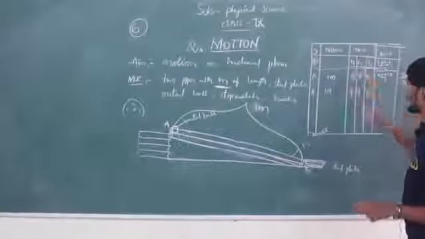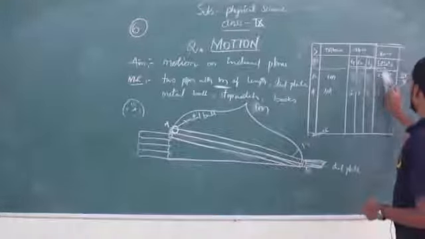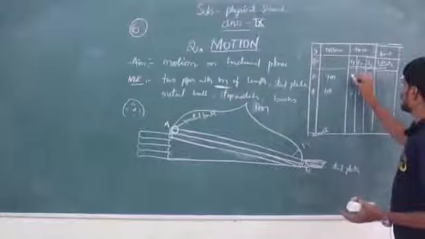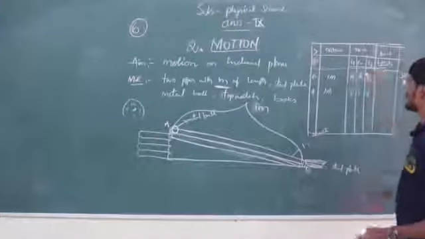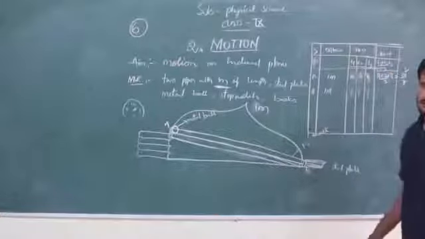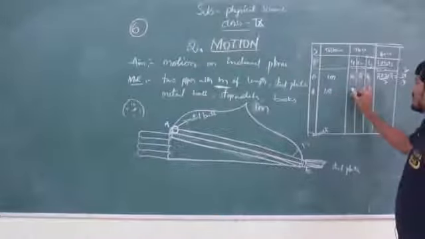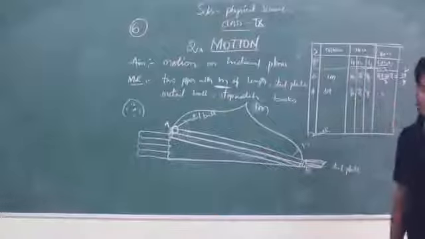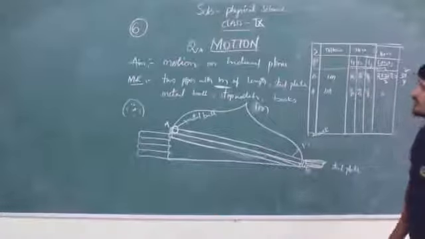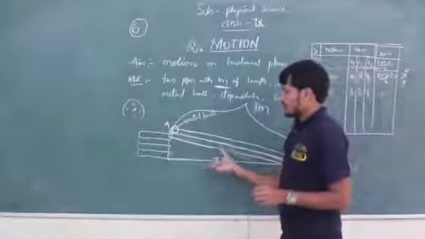Maybe you wonder why I am using alphabets here. For example, 2 seconds, 2 seconds, 2 seconds: (2 + 2 + 2) by 3 gives an average of 2. What about the coin? 3 seconds, 3 seconds, 3 seconds: the average is 3. So overall we can conclude from this experiment, on the inclined plane.